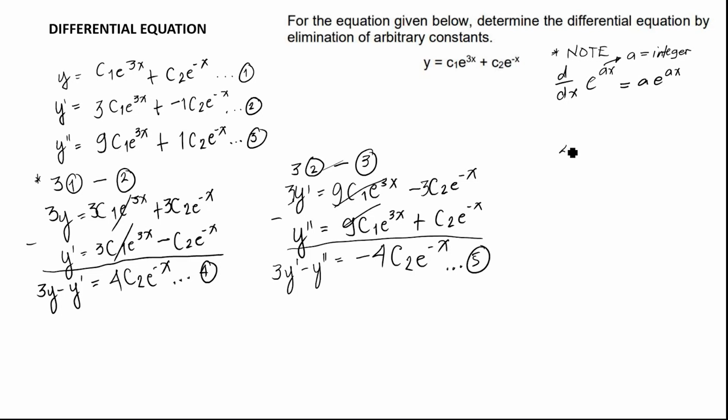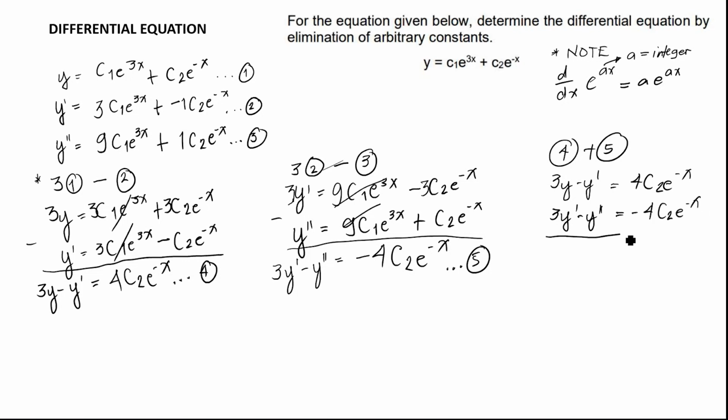Let's add equation 4 and then equation 5 to eliminate c2, since we have already eliminated c1. This will have 3y minus y prime is equal to 4c2 e raised to negative x, and 3y prime minus y double prime is equal to negative 4c2 e raised to negative x.